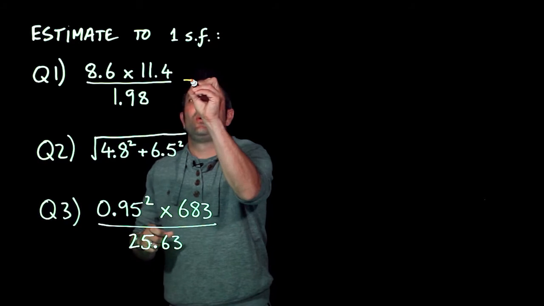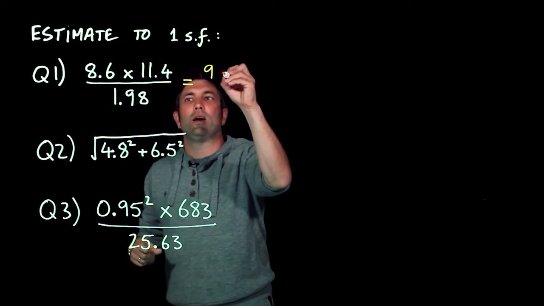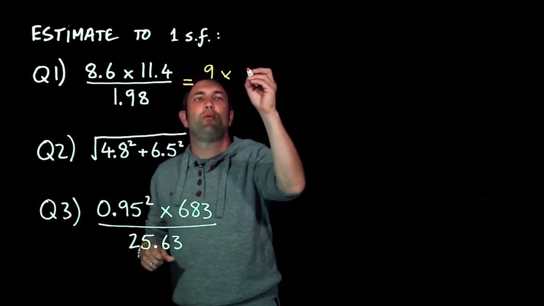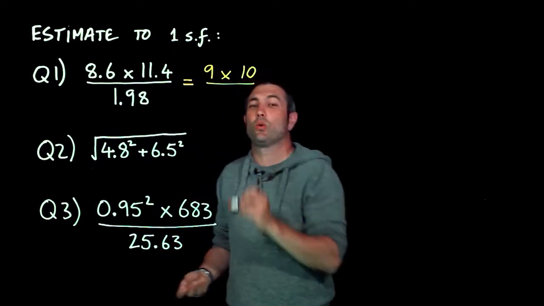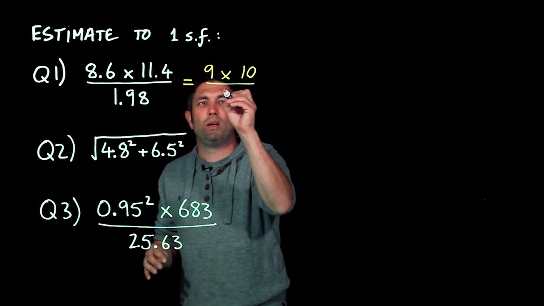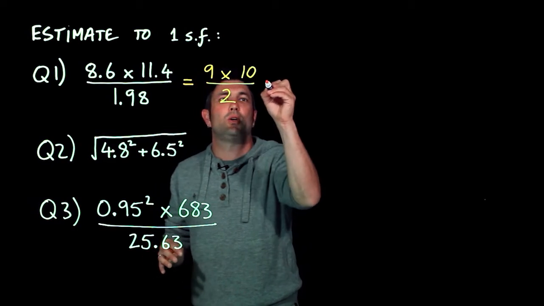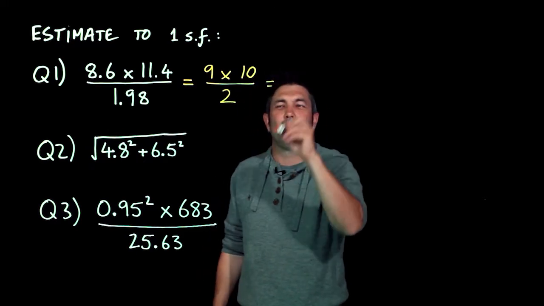So the way I would do this first one, I'd round my 8.6 to 9, and I'd round 11.4 to 10. Now, it's up to you. If you wanted to do that to 11, that's absolutely fine. You wouldn't lose marks, but you've got to be a little bit careful at the end because this bit is 2. If I rounded that to 11, 9 times 11 would be 99, and that doesn't divide very nicely by 2.